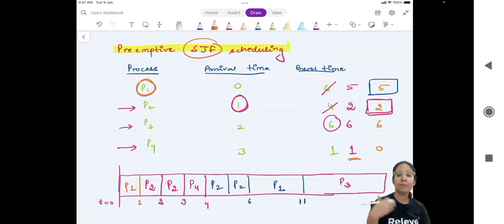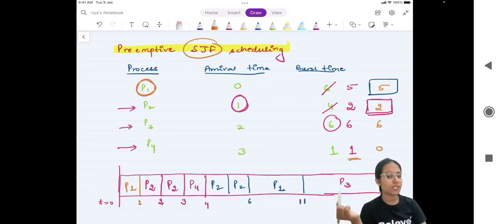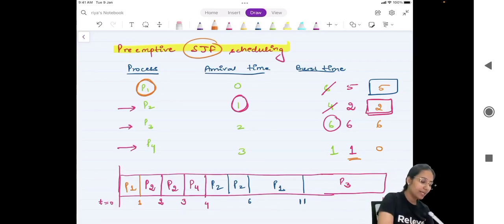Whereas in the previous case, no matter when another process comes in, it will have to wait for the completion of the current process, and only then can it execute. So it cannot just interrupt in between, execute some steps and move back. It will have to wait for the entire cycle to get executed.